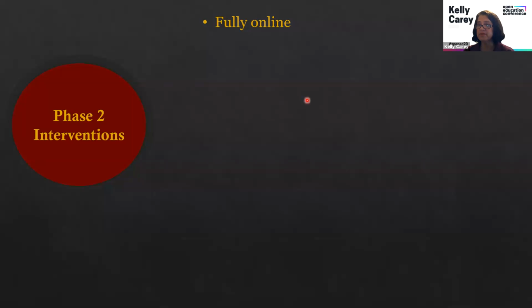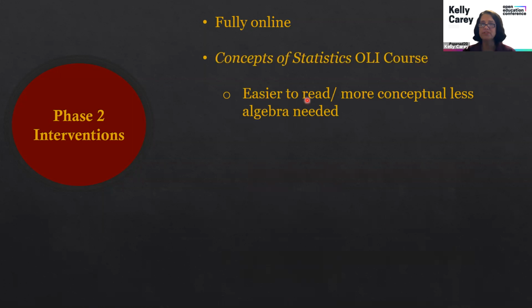Then my course went fully online, not necessarily of my choice, but it ended up working out well. I switched to the concepts of statistics course because I did not feel like the students could read and understand the book without me teaching, just facilitating. So I used this course that was easier to read and more conceptual than the other course.